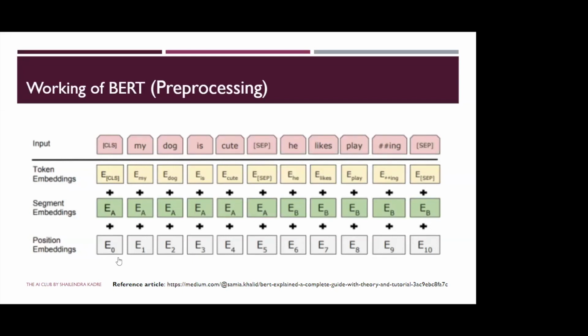Position embedding is just the position, including this CLS and SEP token. So positional embedding of each and every word and these tokens as well starts from 0 and goes up till the end of our text.